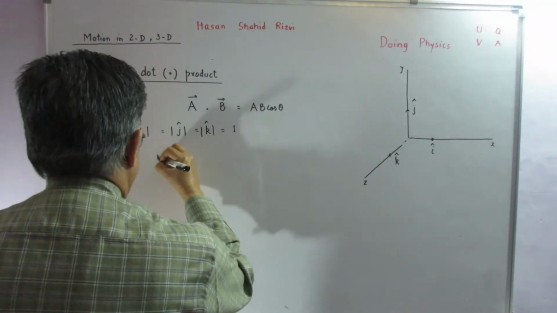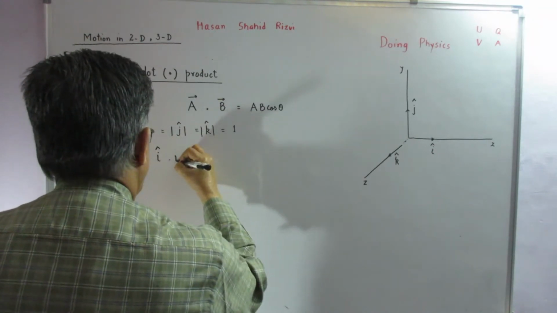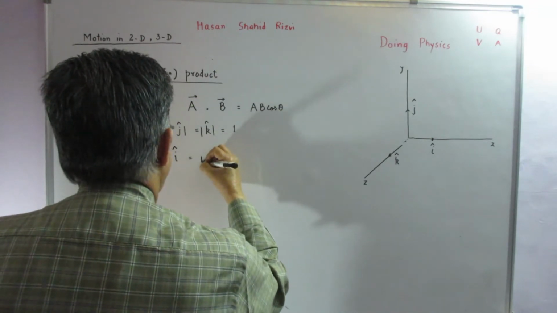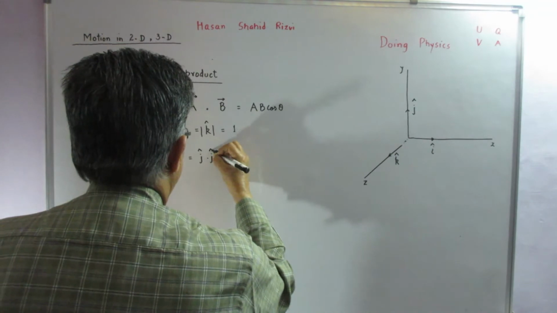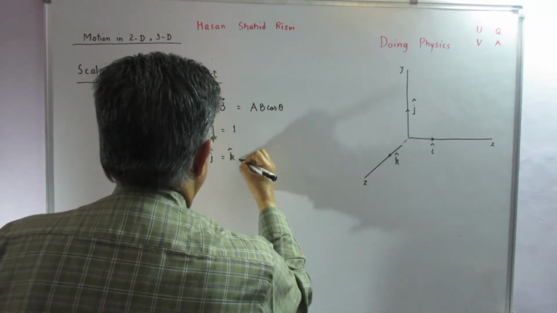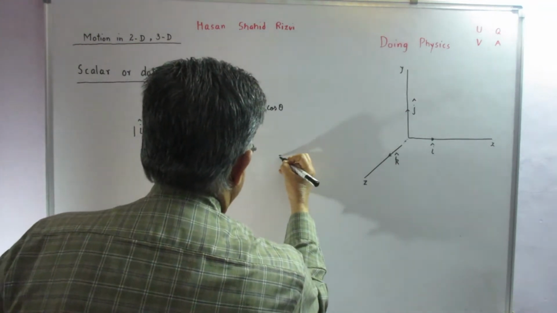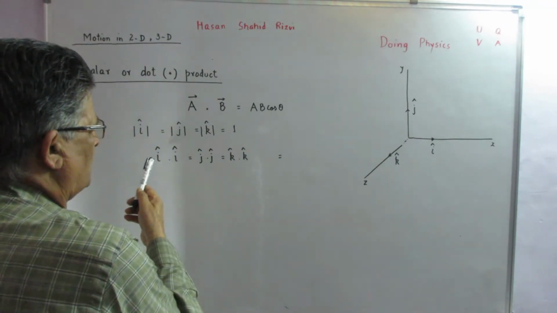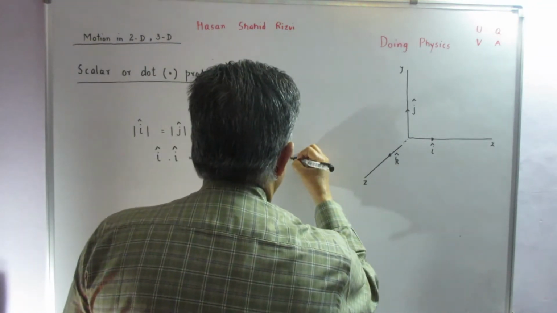and you can do it as an exercise, I leave it to you, i dot i is equal to j dot j is equal to k dot k, and in all these cases the value will turn out to be 1.